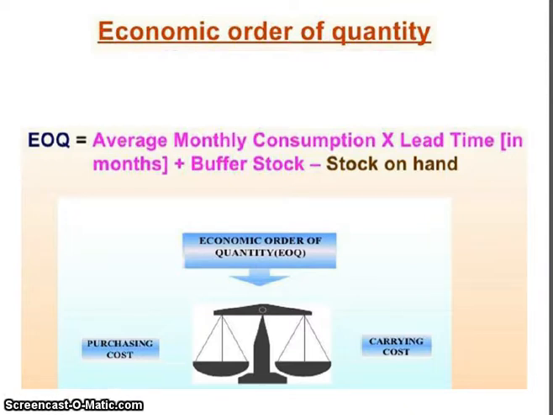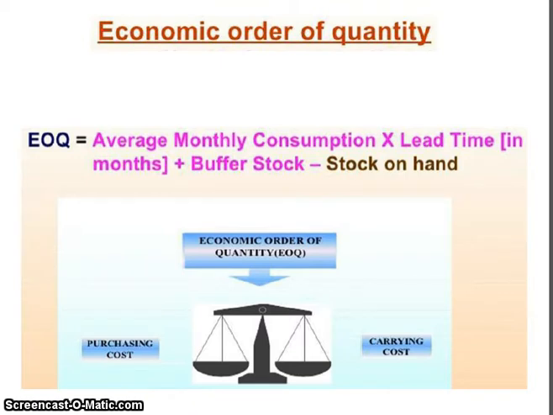This economic order quantity can be calculated using this formula: EOQ is equal to average monthly consumption, that is, for the particular material or supply, the average monthly consumption, multiplied by lead time.